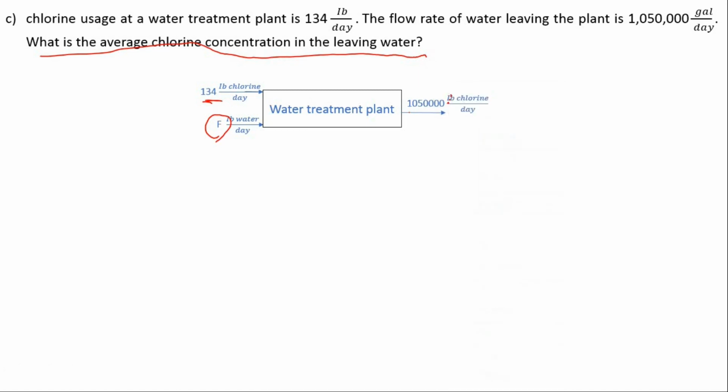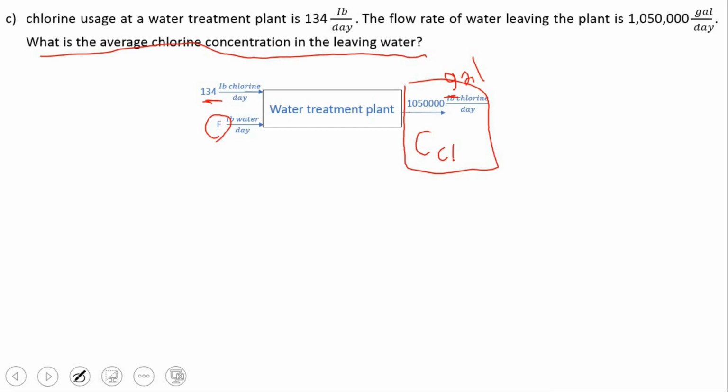Here it's a mistake, it's gallons per day, not pounds. So the question asks you in this part, what is the concentration of chlorine?